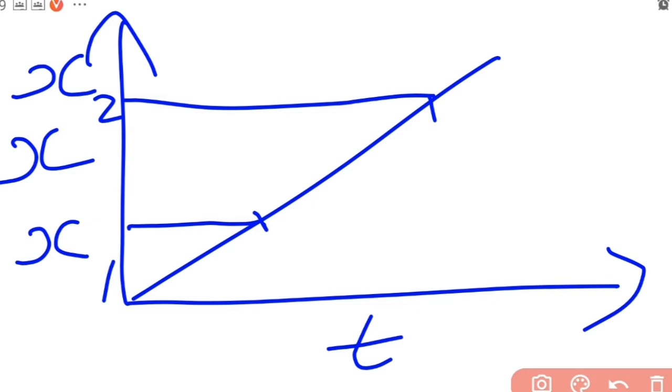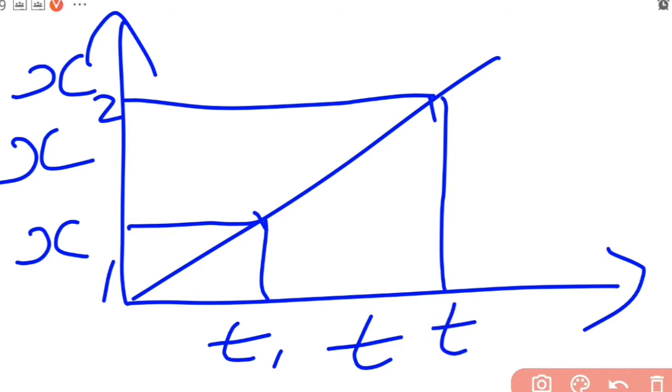They are the positions corresponding to the two points on the graph which we took arbitrarily, and the corresponding times are t1 and t2. So at times t1 and t2, the positions are x1 and x2.